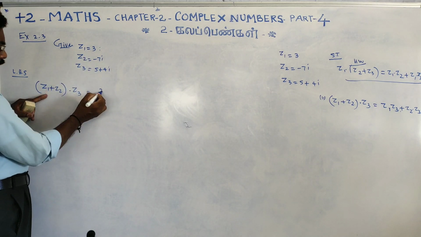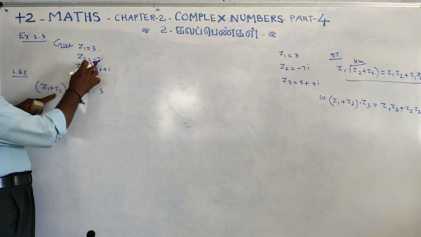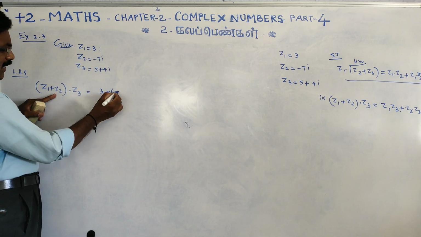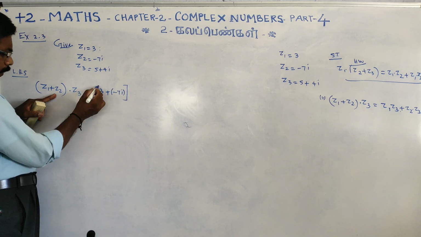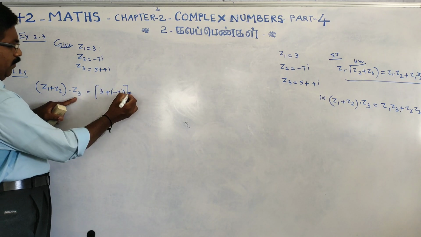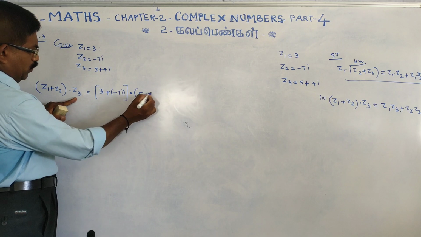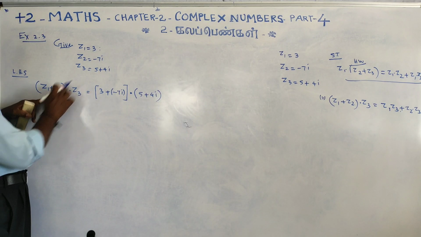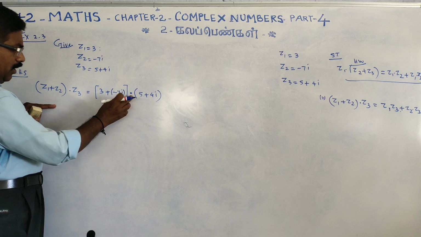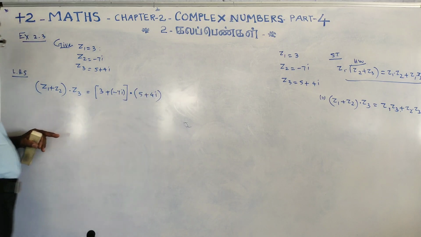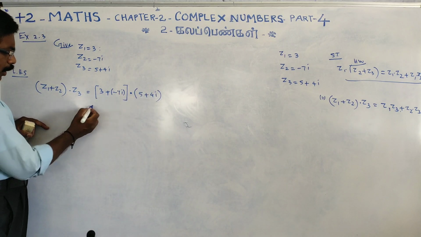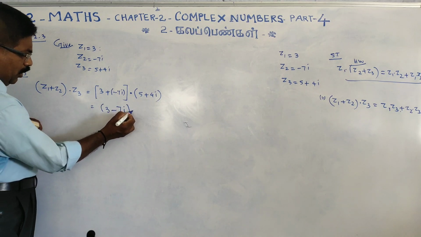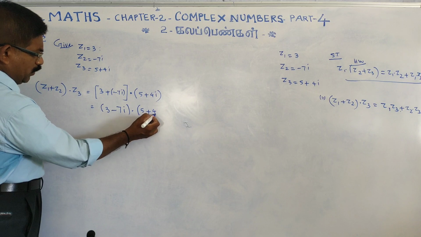Z1 is 3 plus Z2, Z2 means minus 7i, this is Z2, into Z3, 5 plus 4i. This reduces to (3 minus 7i) into (5 plus 4i).